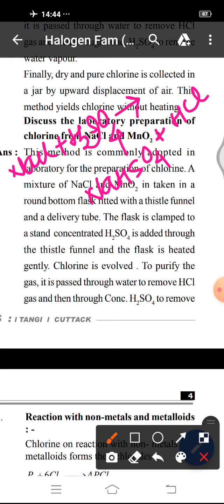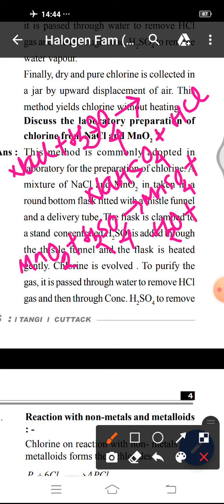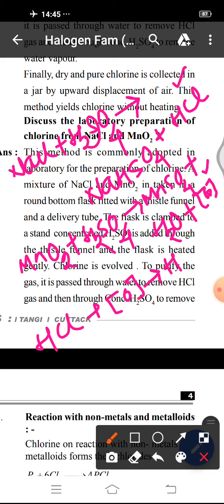Then in the second step, MnO2 reacts with H2SO4, forming MnSO4, water and nascent oxygen. Then the HCl and the nascent oxygen react with each other, forming water and chlorine.